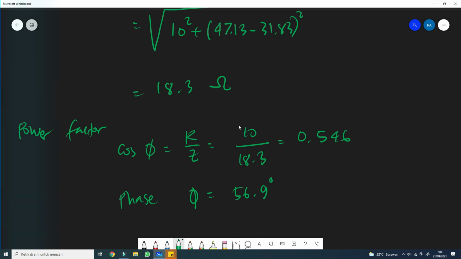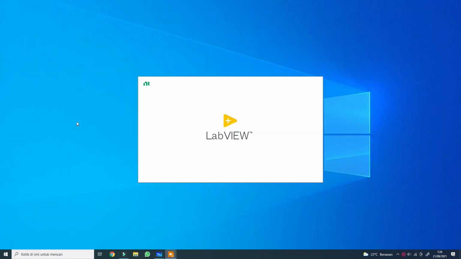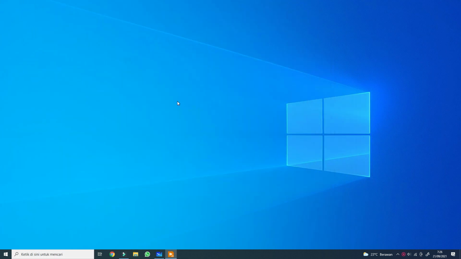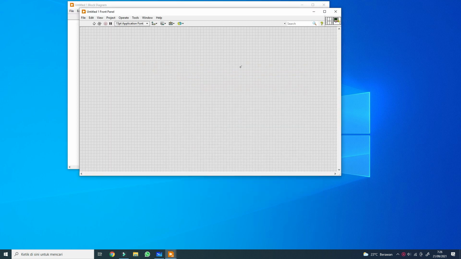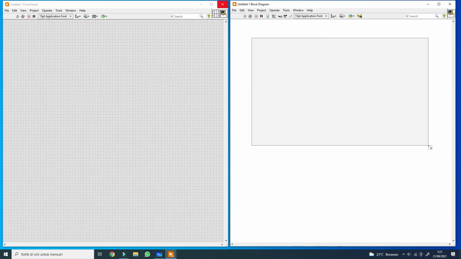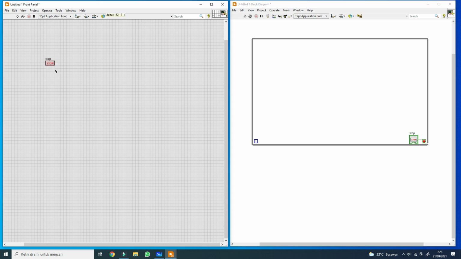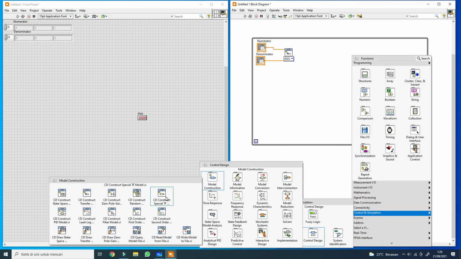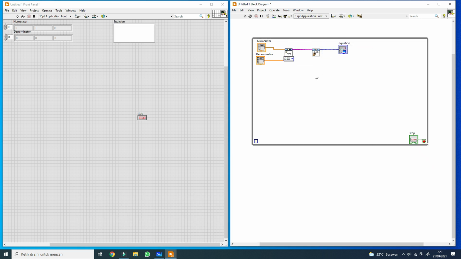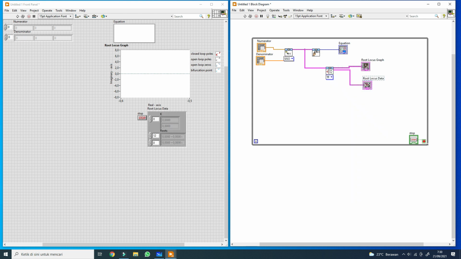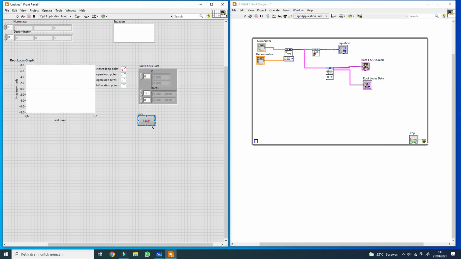Next, I'll show you the implementation of complex numbers in a control system by using LabVIEW. First, we take the while loop and give the stop button. Then we take the transfer function block and the locus plot. Then we put the transfer function equation in here.